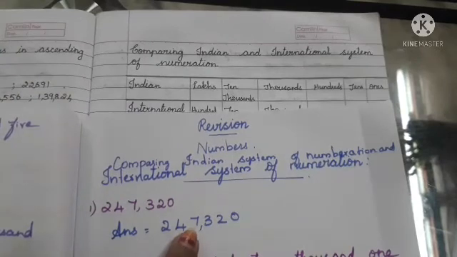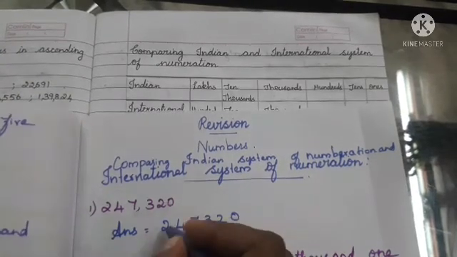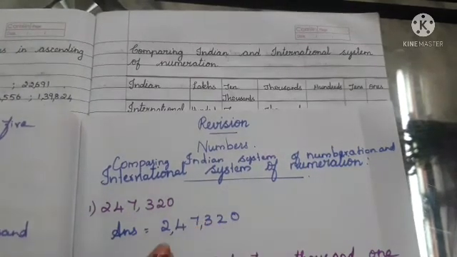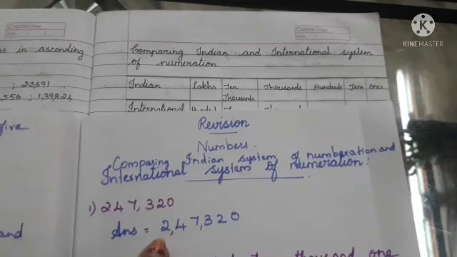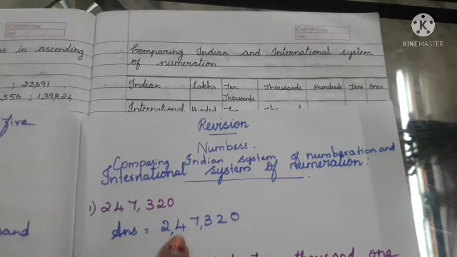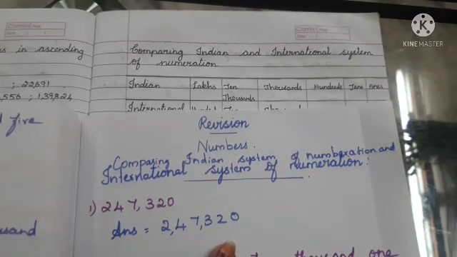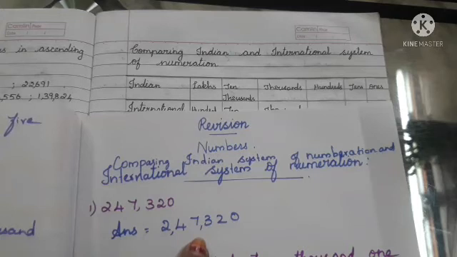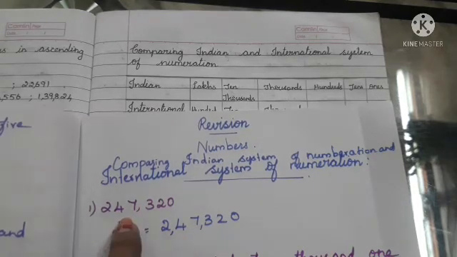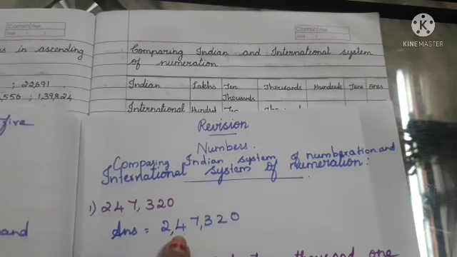Then 1000, 10,000 afterwards we place the comma, isn't it? 1000 and 10,000 come under the thousands period. So this 2 is lakh. So we can write 2,47,320. This is in the Indian system now. Understood? By placing the comma, we changed the international system into the Indian system.